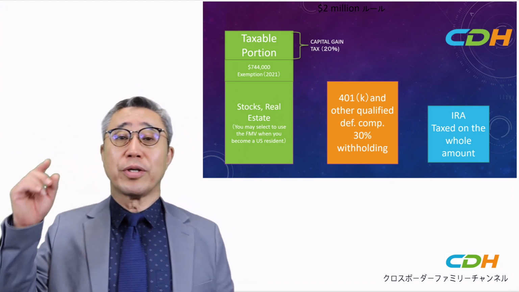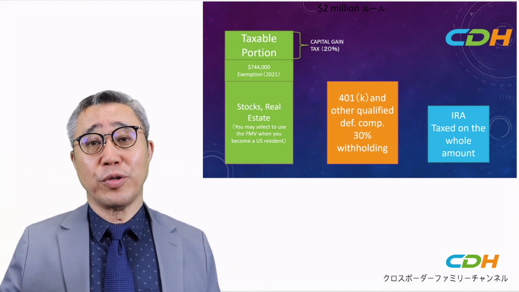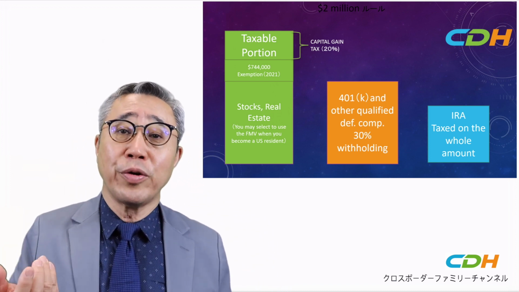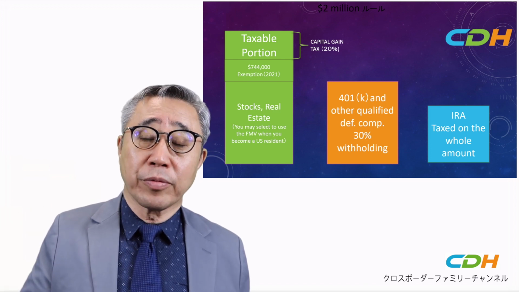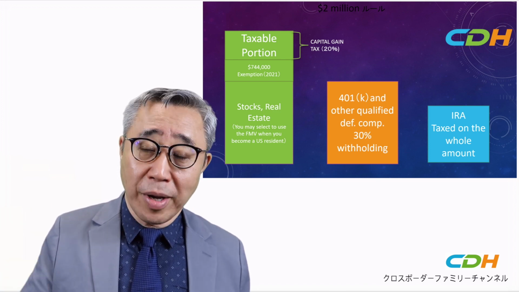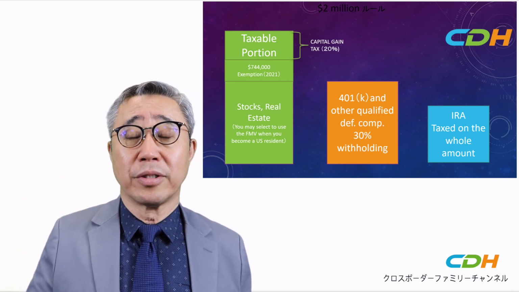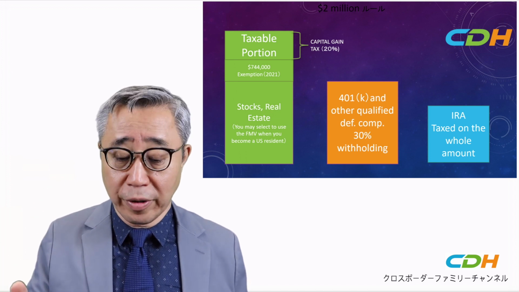Unfortunately, for this specified tax account, even if you don't withdraw at the time when you give up your green card, government will tax the entire amount as if you liquidate the entire balance. Actually, to be precise, the day before you give up your green card.